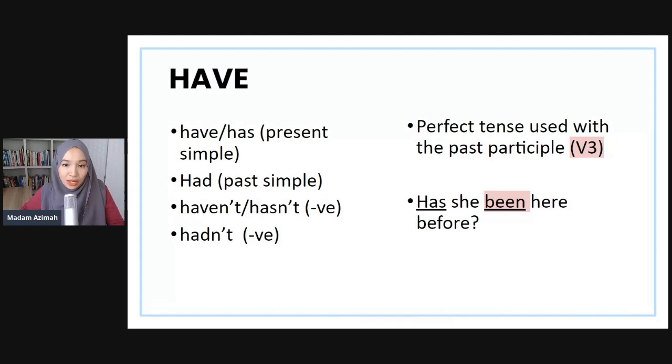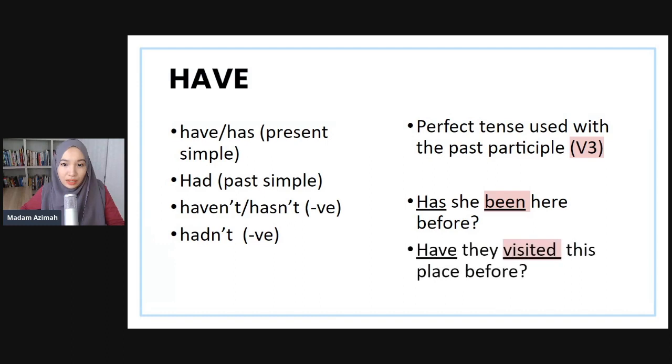Has, this is a question, has she been here before? Been is verb 3. Okay? This is because it's in the perfect tense. All right, look at this one. Have they visited this place before?